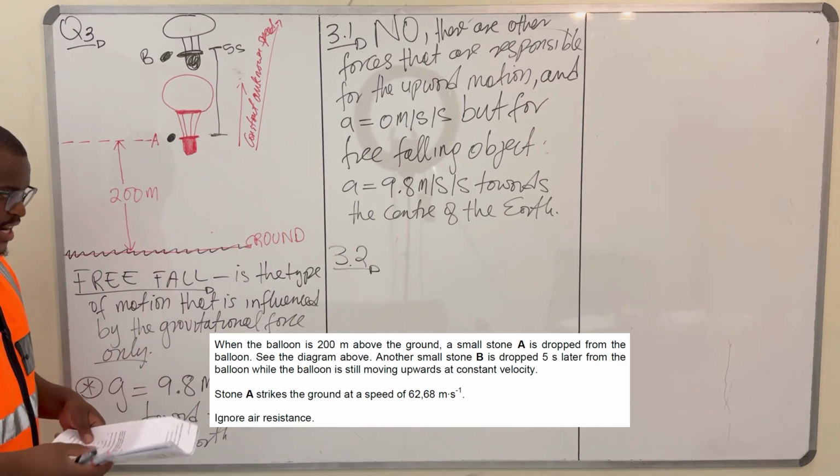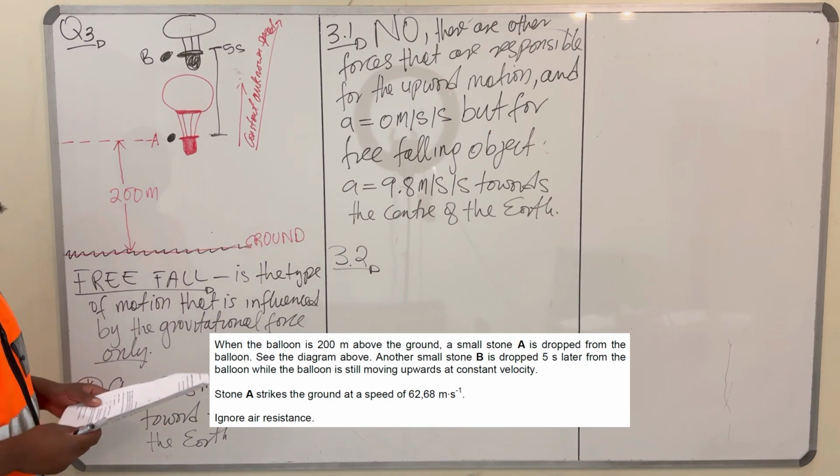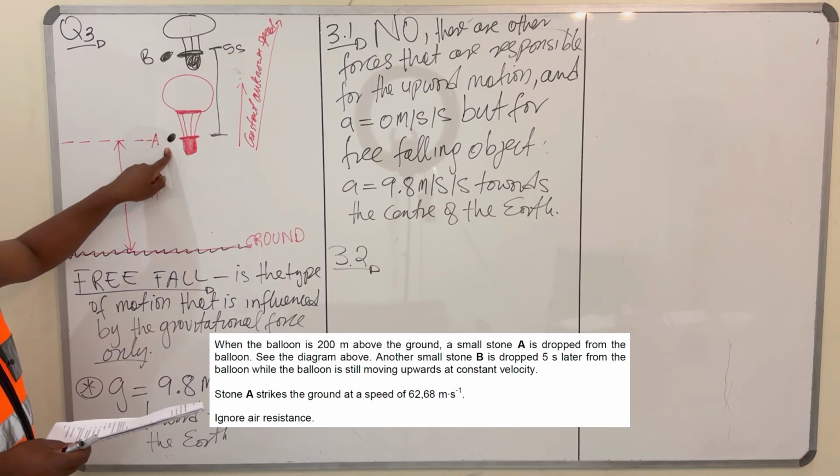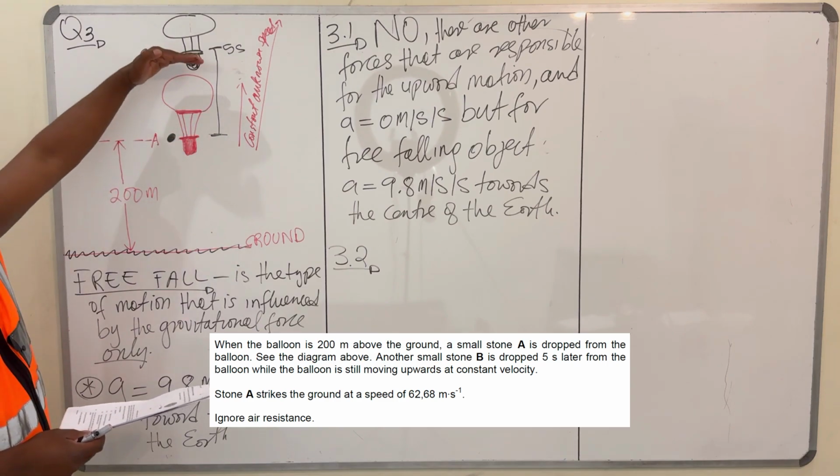So let me just try to explain this again. When this hot air balloon of yours is 200 meters above the ground, a small stone A is dropped from the hot air balloon. And then it moved up for 5 seconds.